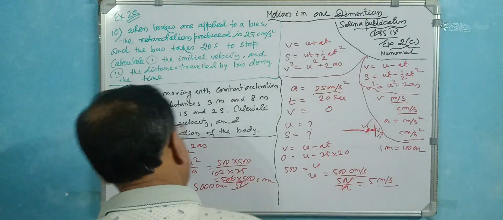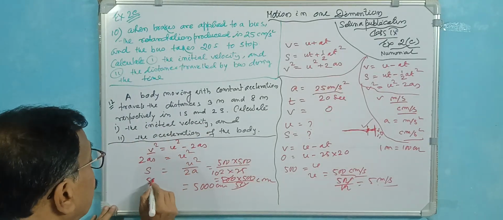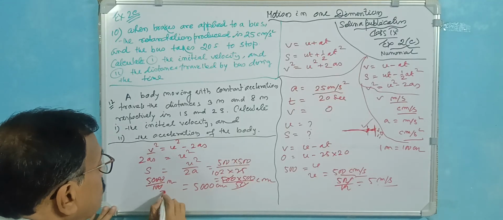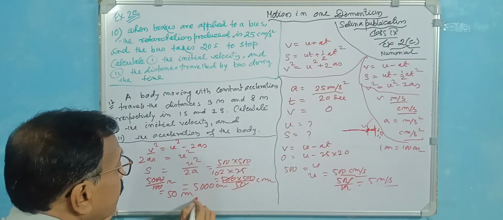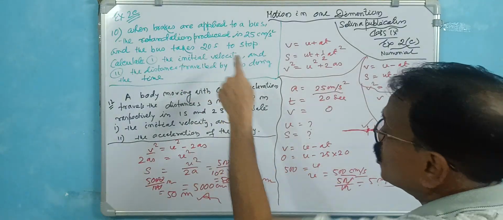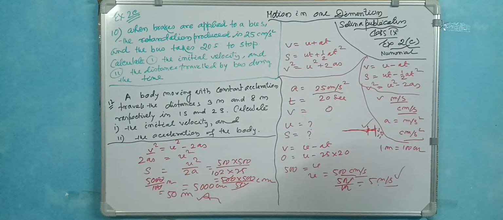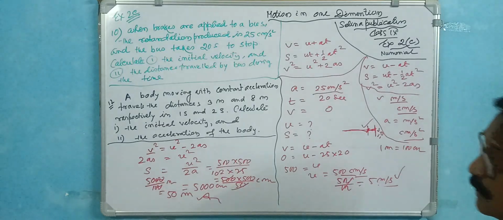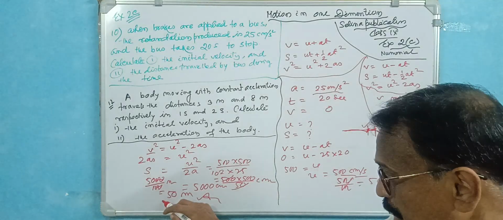If you convert to meter, this is divided by 100. So actually the answer is 50 meter. Okay, that means what is the ultimate result? The initial velocity is 5 meter per second and the distance traveled by the bus during the time is 50 meter.